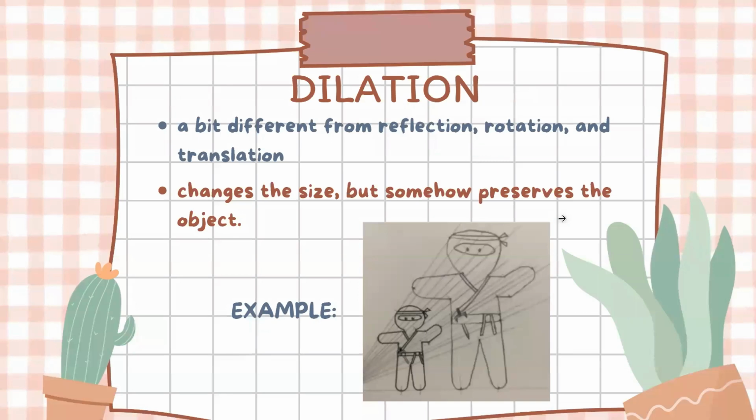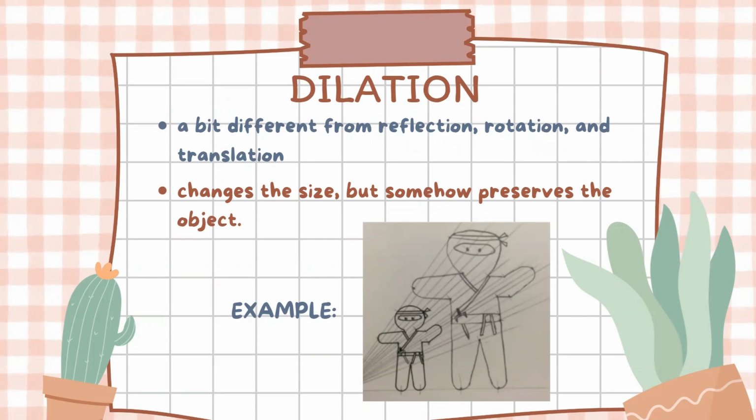Next is the dilation. This is also part of the isometries, but here it is a bit different from reflection, rotation, and translation. Because as I said earlier, isometry is about moving an object from one place to another without changing its size.